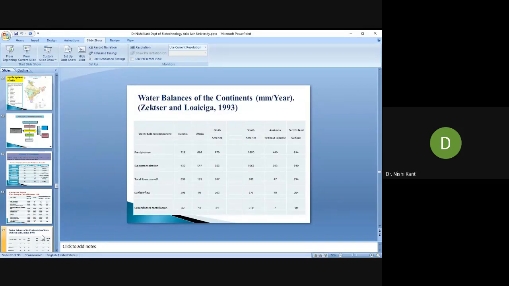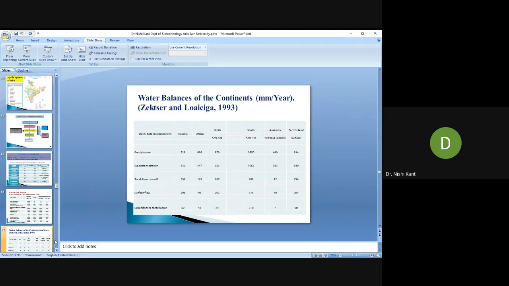This is the water balance. The global estimates do not show the regional imbalances in the availability and requirement of water due to variations in climatic and hydrological conditions. Water resources are very irregularly distributed throughout the world.